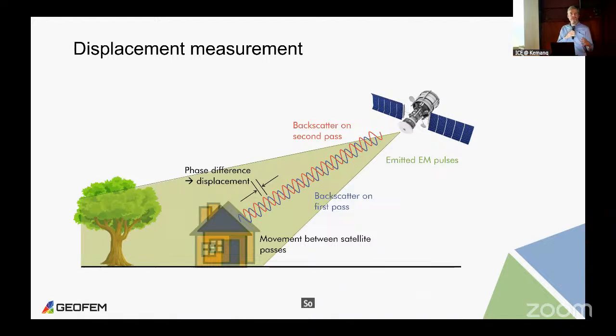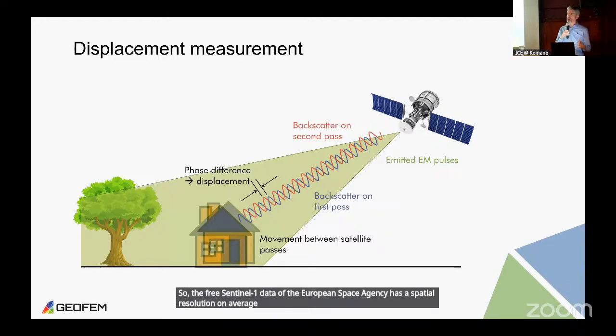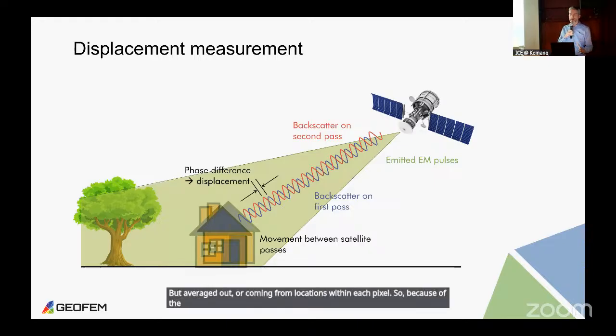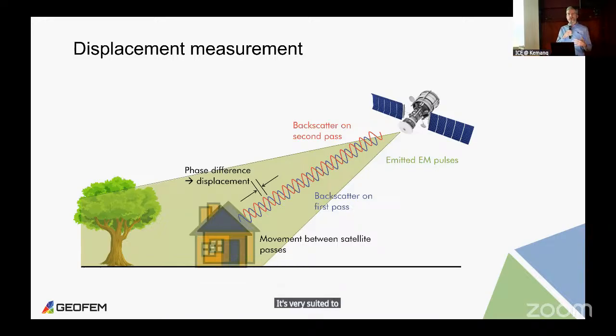So the free Sentinel-1 data of the European Space Agency has a spatial resolution on average of about 10 meters. So you are getting very precise displacement, but averaged out or coming from locations within each pixel. So because of the relatively large spatial resolution, it's very suited to monitoring large objects, such as whole infrastructure networks.